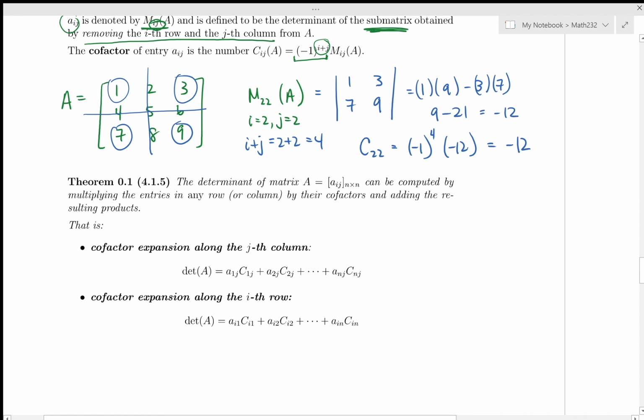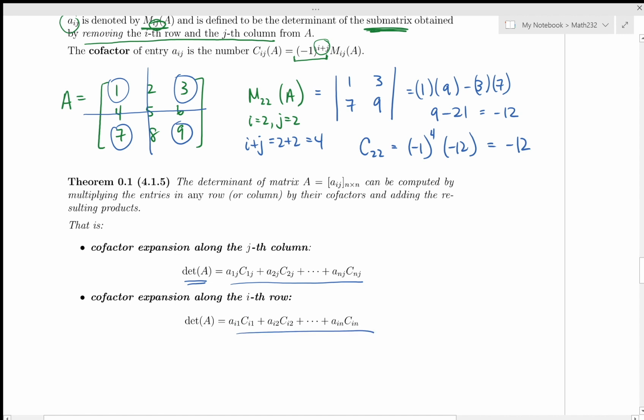So it is the case that we can compute the determinant of a matrix by multiplying the entries in any row by their cofactors and adding the resulting products. So we're saying here that the determinant of A is equal to the cofactor expansion along the jth column. That's one option. Or it can be equal to the cofactor expansion along the ith row.